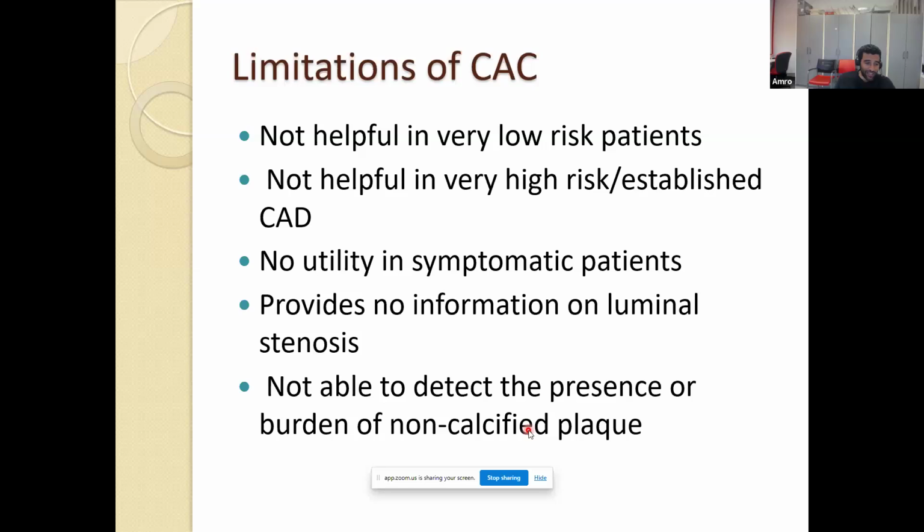So rarely you might find a calcium score of 0 in somebody who will still go on to develop a myocardial infarction. The reason is that they've got non-calcified plaque, which attenuates differently on imaging, that cannot be identified on a coronary calcium score. And they're the ones you have to worry about. So the jury is still out.